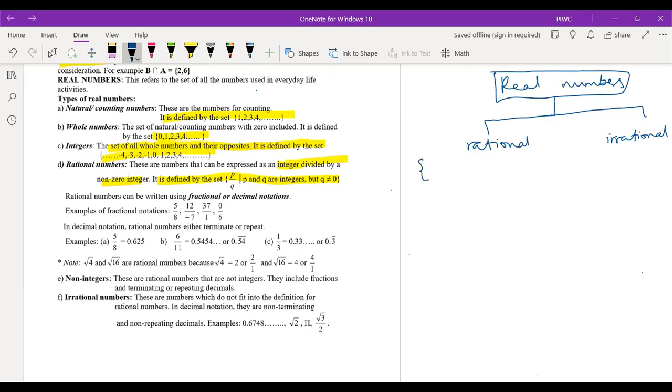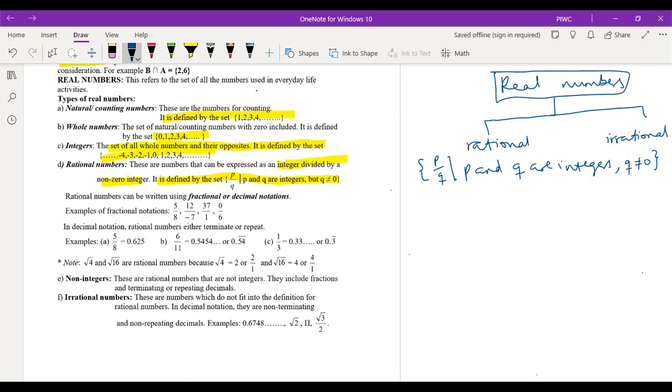The set defined by P over Q, such that, we've seen that symbol already, such that or given that P and Q are integers. And we are saying that Q cannot be equal to 0 because we would have 0 in the denominator, so the number becomes undefined.